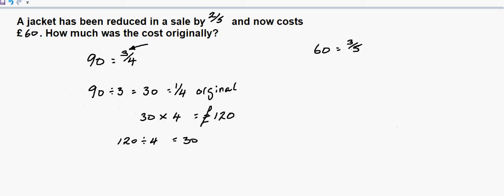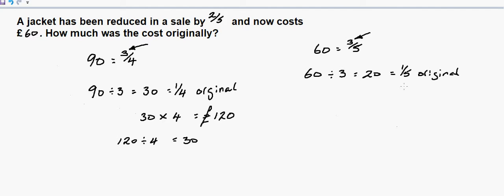So I want to find out what 1/5 of the original price was. So I divide by the numerator, so I divide by 3. So 60 divided by 3 gives me 20. So that's 1/5 of the original price.